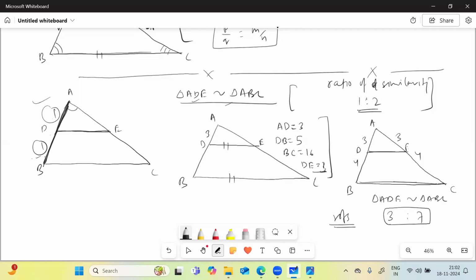सबसे पहले आपको क्या दिखता है कि सिमिलर है. सिमिलरिटी का रेशियो क्या होगा? BC तो 16 है ना.